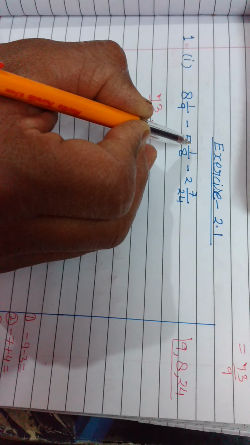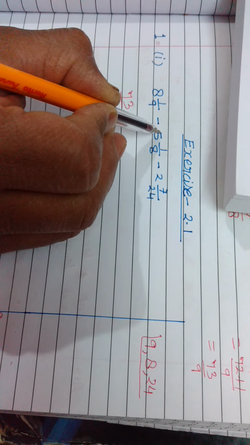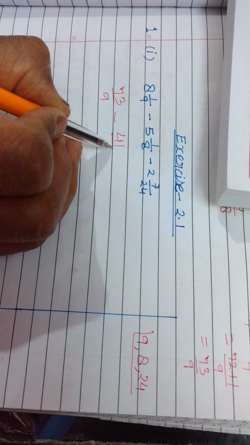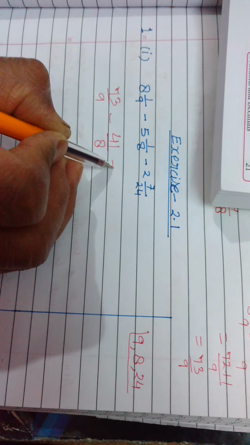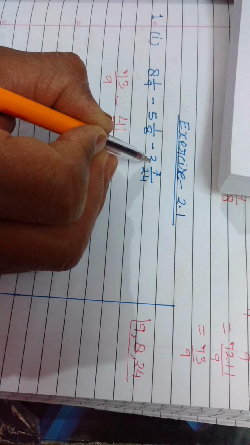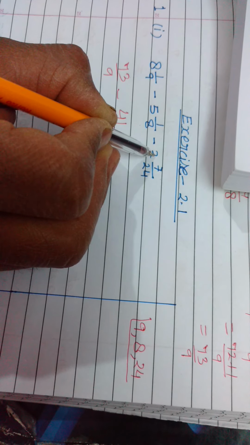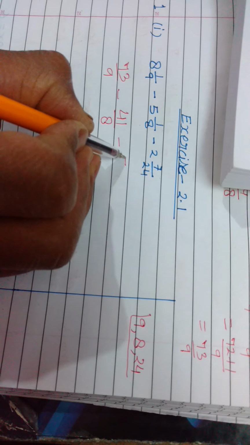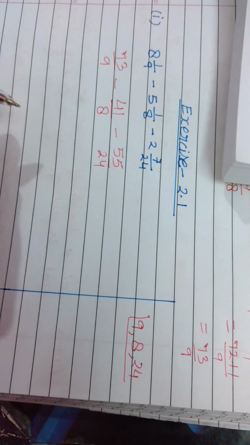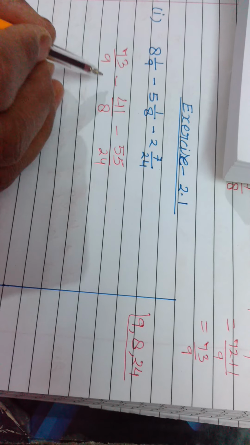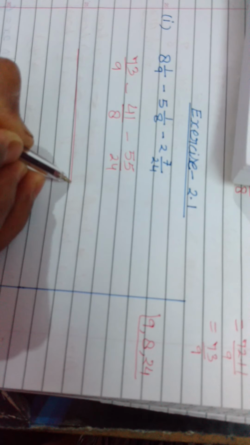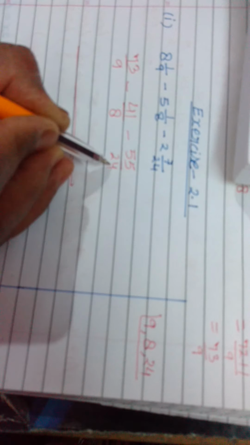First we multiply, then we add the numerator. 8 5s are 40, 40 plus 1, 41 upon 8, minus. Same way, multiply this with this: 24 2s are 48, 48 plus 7, 55 upon 24.